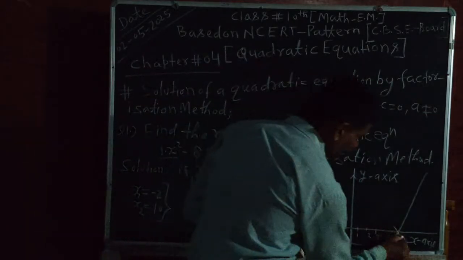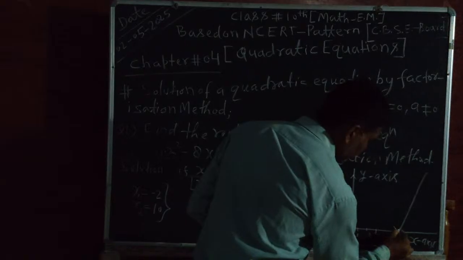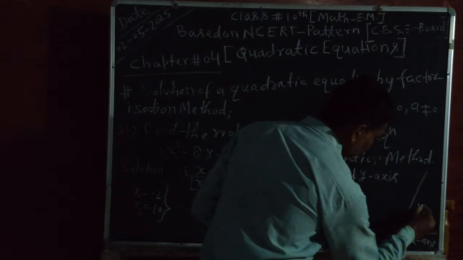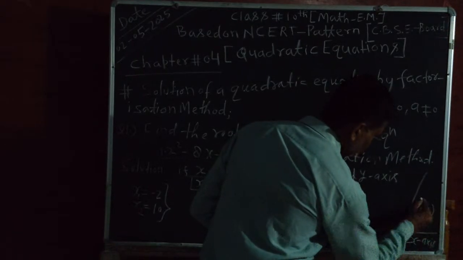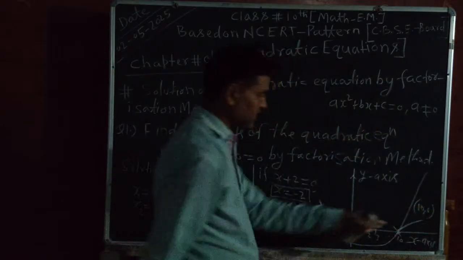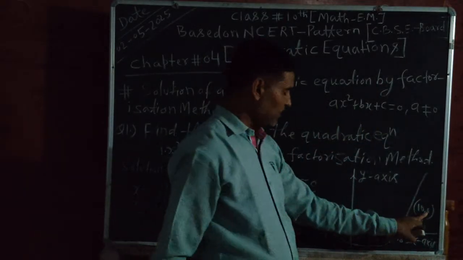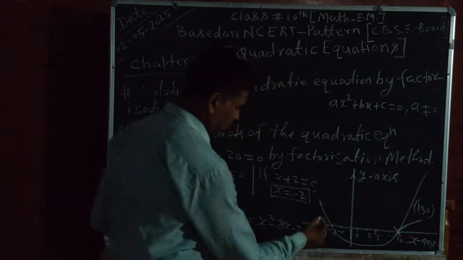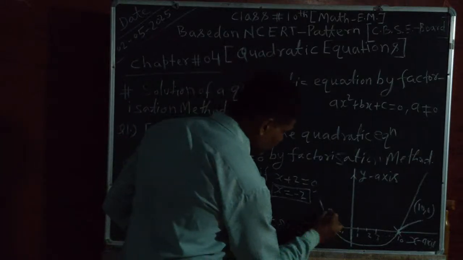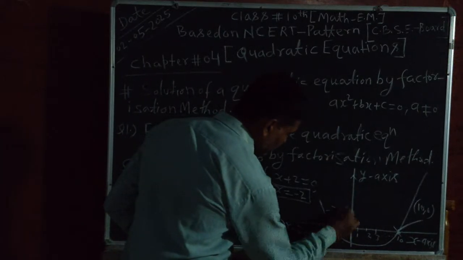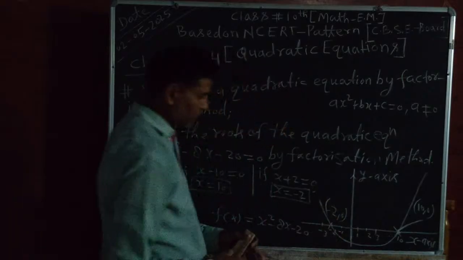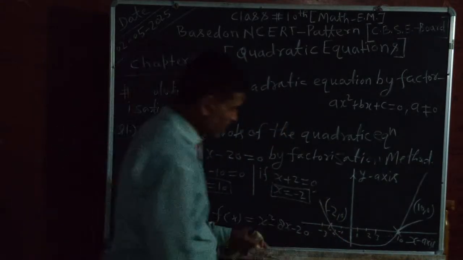Its coordinate points will be, this is the point of intersection. I will say 10 comma 0, because on the x-axis the value of y will always be 0. So here I will also say this will be minus 2 comma 0. So on the x-axis I have got 2 points.